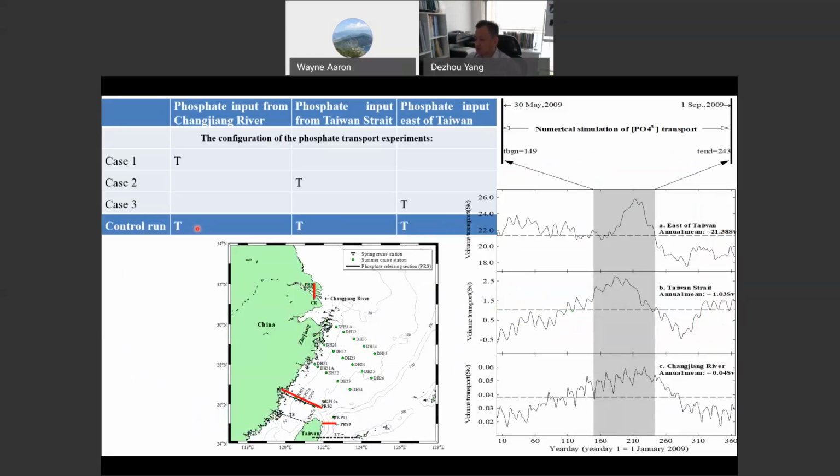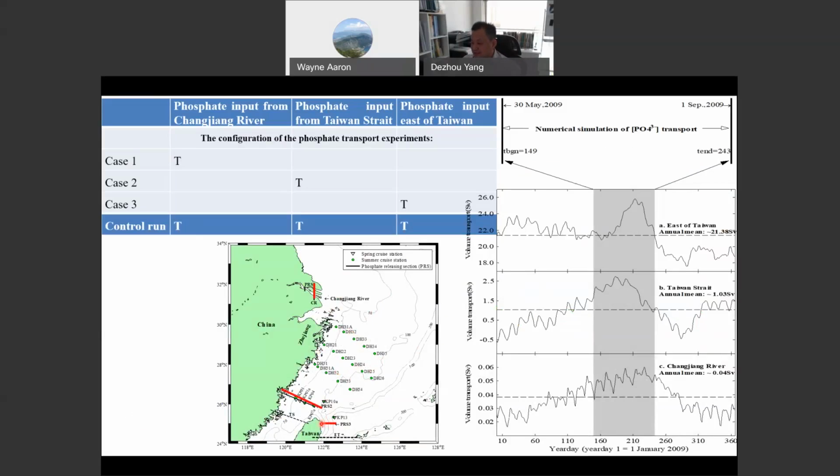To understand what nutrients or phosphate are transported by the Kuroshio current, we do some very interesting experiments. For example, in this area, we have collected a lot of phosphate concentration data.